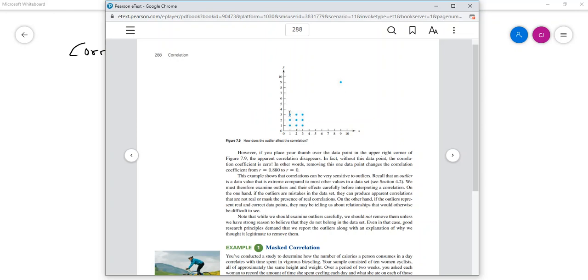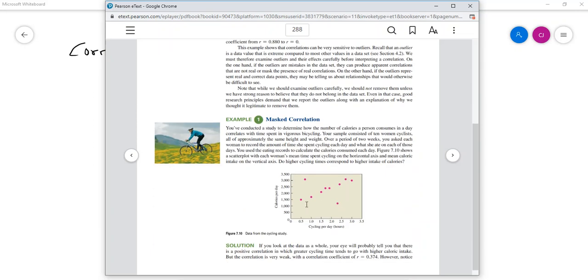If you look at this correlation between these 9 points just right here, you'd say, oh, it's a correlation of 0. But if you throw this 1 point up there, it changes your correlation to, it says right here, 0.88, which is really a big difference. So outliers can dramatically change or affect your correlation, right? So we need to remember that.